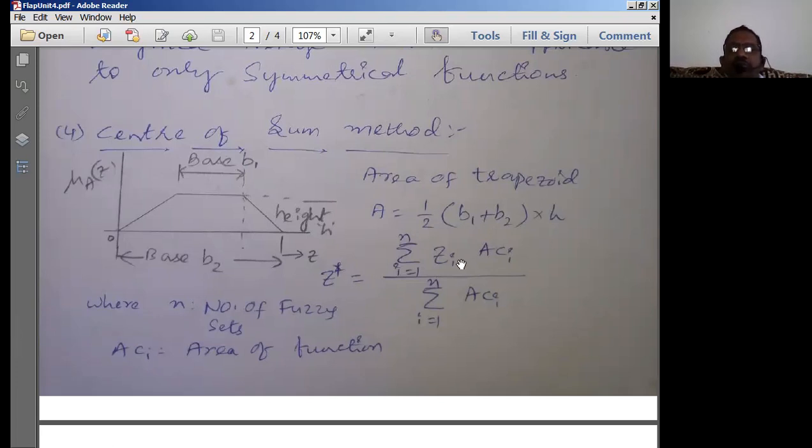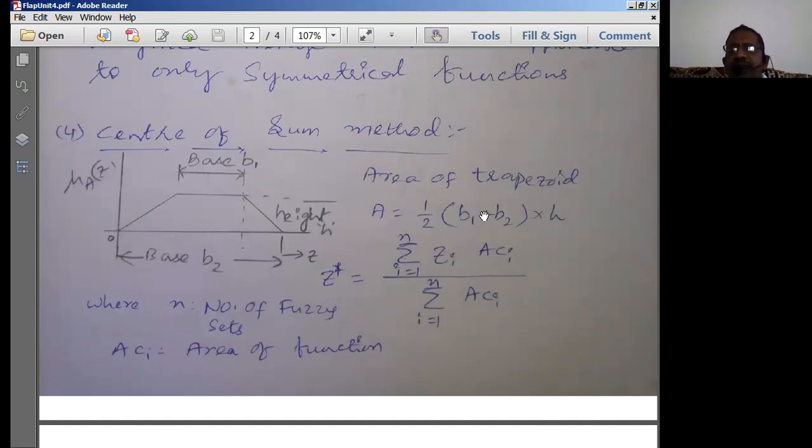Now, what is most important in this center of sum method is that you should compulsorily be aware of the areas of the various functions. If a trapezoidal function is given to us, you should know the area of the trapezoid. If a triangular function is given to us, you should know the area of the triangle. If a Gaussian function is given to us, you should know the area of the Gaussian function.